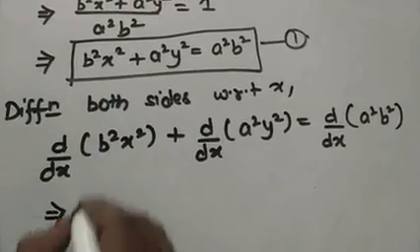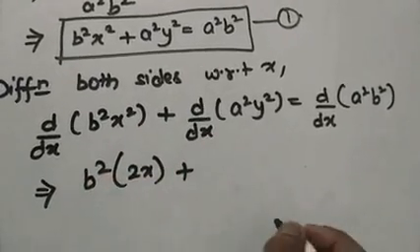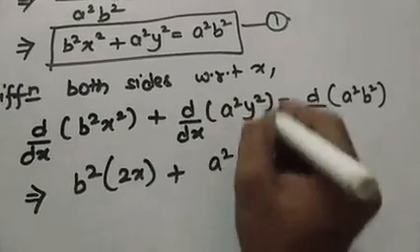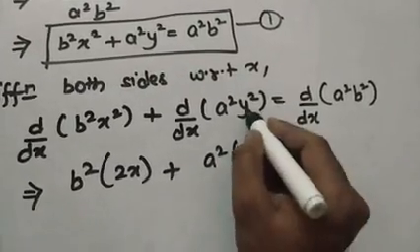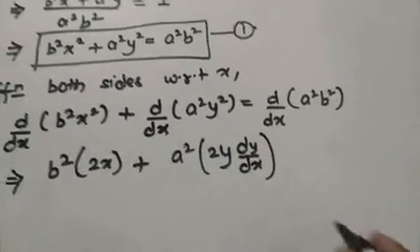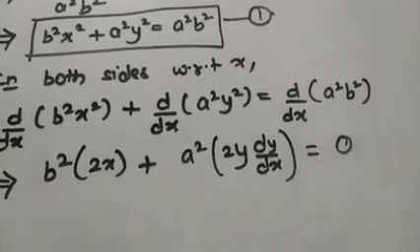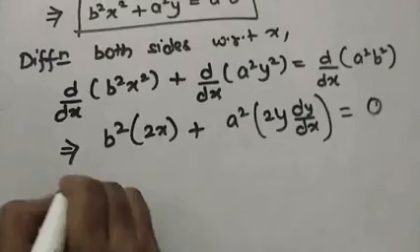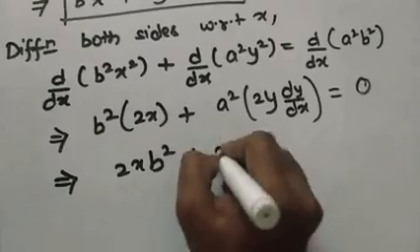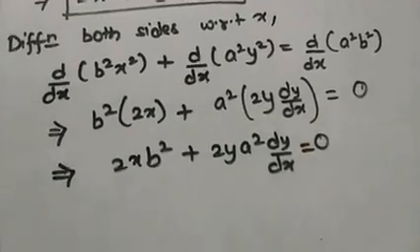Now b square is a constant, constant comes out of the derivative, x square derivative is 2x. A square is a constant, constant comes out of the derivative. Now y square derivative is 2y, but this is y, this is x, these two are not same, so by chain rule dy by dx, and this side a square and b square both are constant and constant derivative is 0. So finally, after opening the bracket, 2x b square plus 2y a square dy by dx equals to 0.